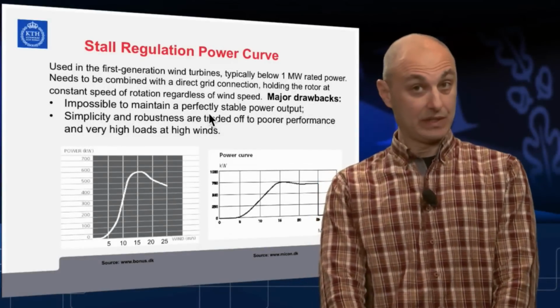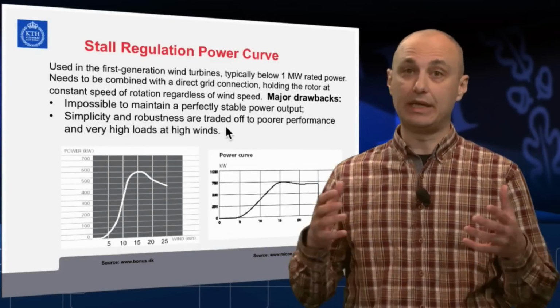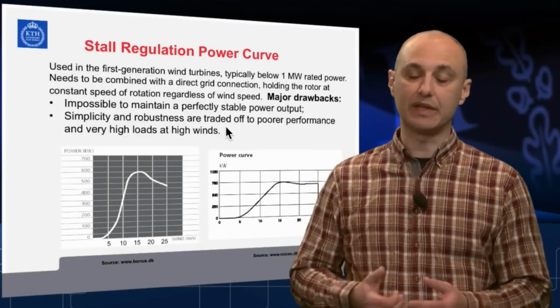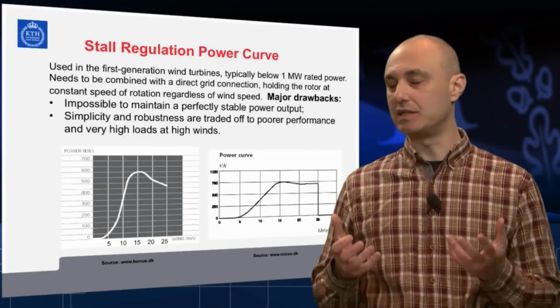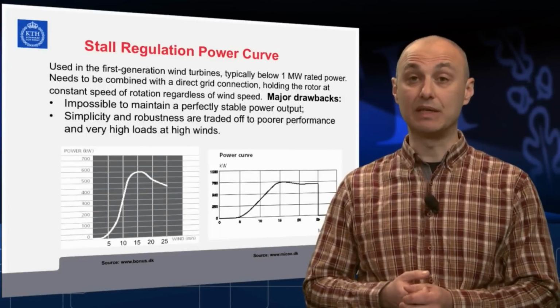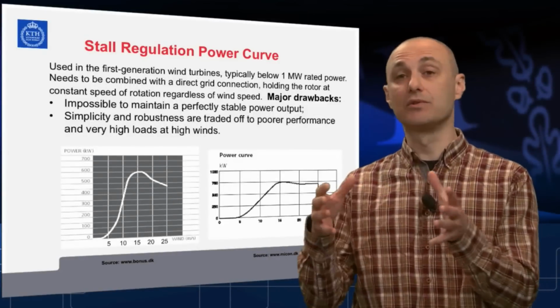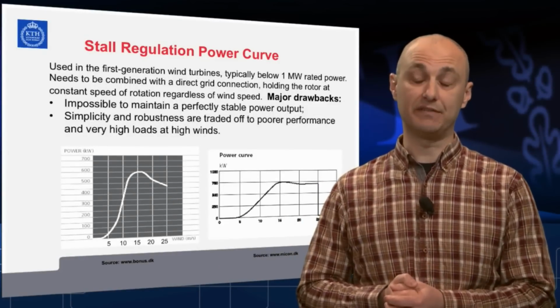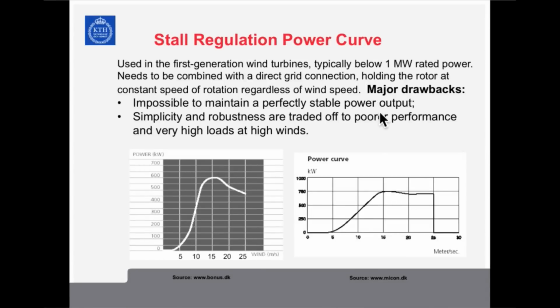The merits of the stall regulation, and that's why it was selected as the primary option in the first generation wind turbines, are simplicity and robustness. Very important, which also brings cost effectiveness. Early machines were comparatively simple per unit installed power, thanks to simple components and arrangements.